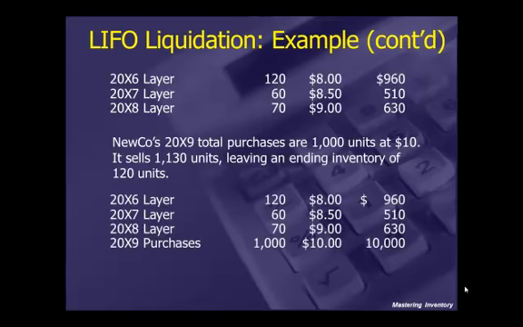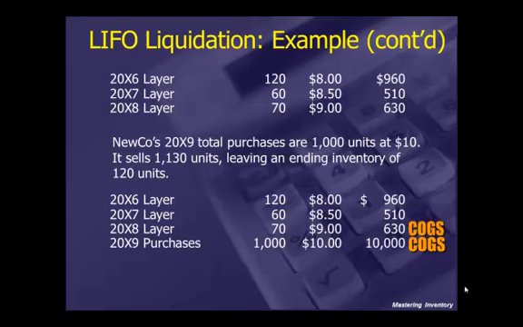So in doing that, look at this. We've got those three layers leading the list, and then our 2009 purchases. All right. We know that under LIFO the last in is the first out. So all the 2009 purchases of 1,000 units are gone. They're cost of goods sold. We still need to sell off 130 more units.